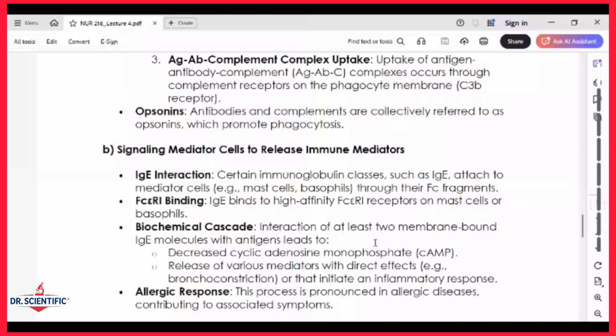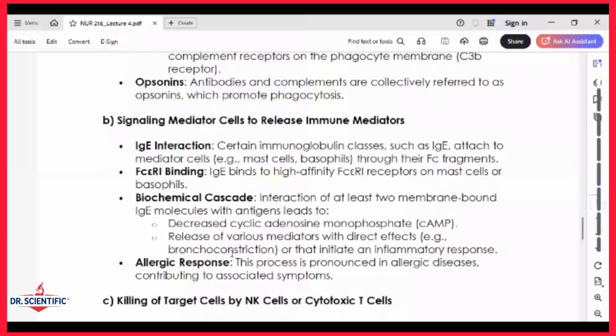But if IgE binds to mast cells and basophils, there is a decrease in a secondary messenger such as cAMP, which means it is now slowing down the signal. It's not amplifying the signal, it's doing the opposite. When this happens, it leads to bronchoconstriction. And when bronchoconstriction comes into play, that is how allergic responses are then felt.